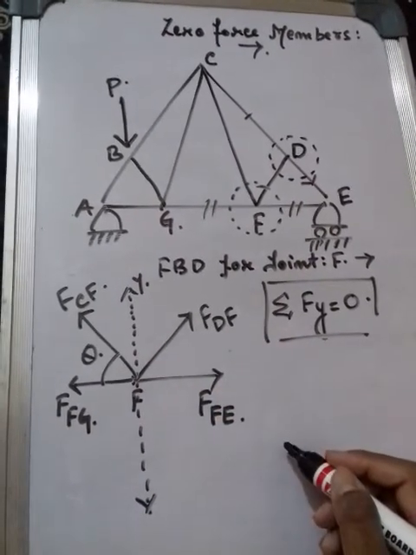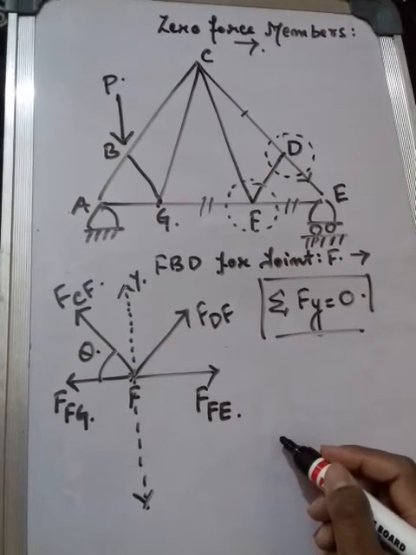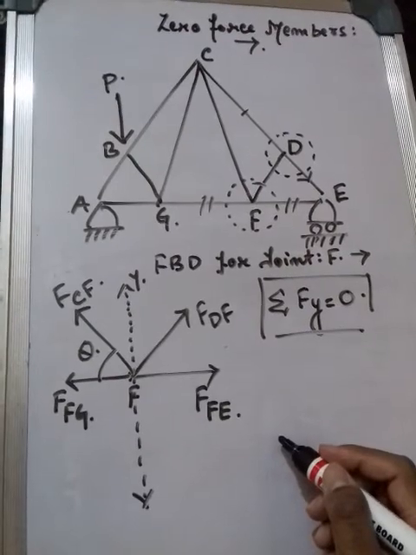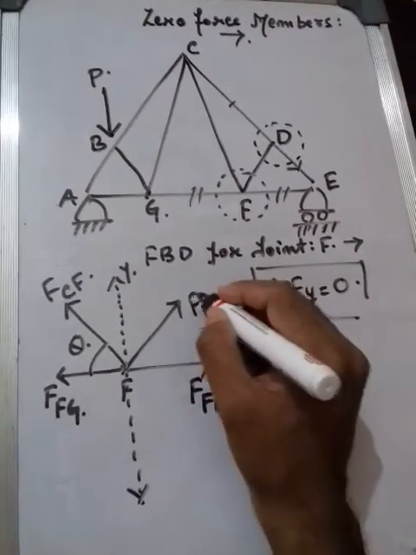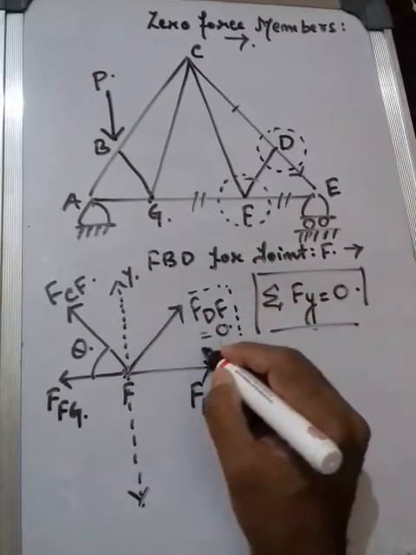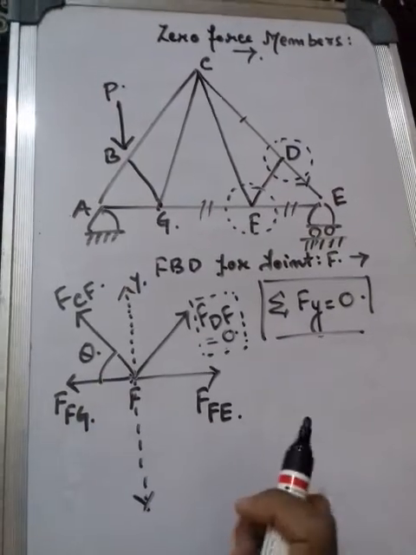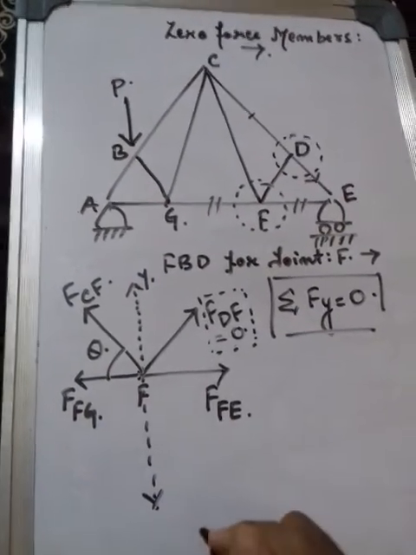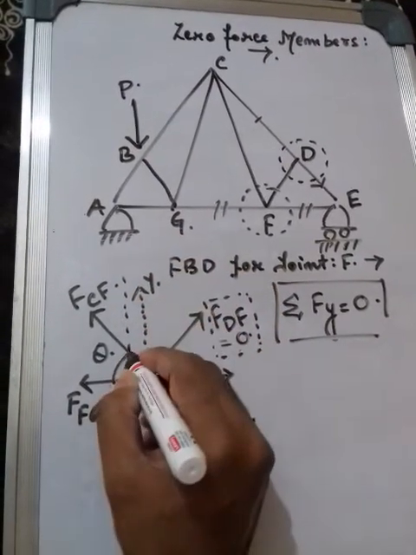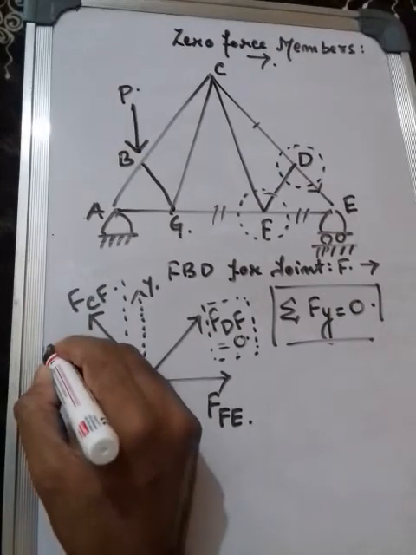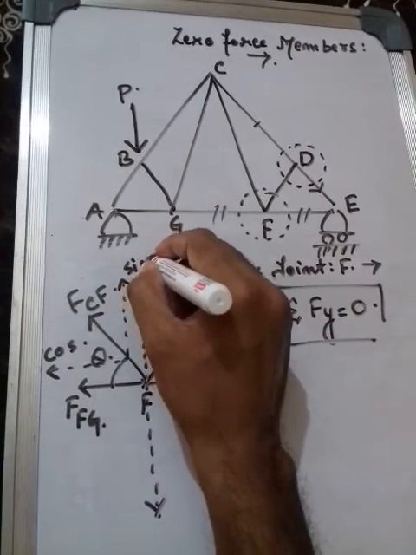FDF is a zero force member, we have already seen in the last step. So we are left with only FCF, which has a vertical component, the sine component.